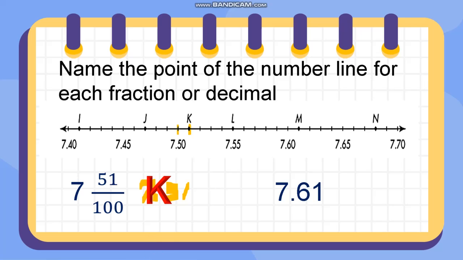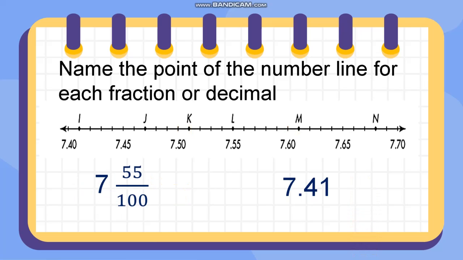Next, 7.61. This is your 7.60, so followed by 7.61, which is letter M. Another, 7 and 55 hundredths. If you're going to change that into decimal, it should be 7.55.